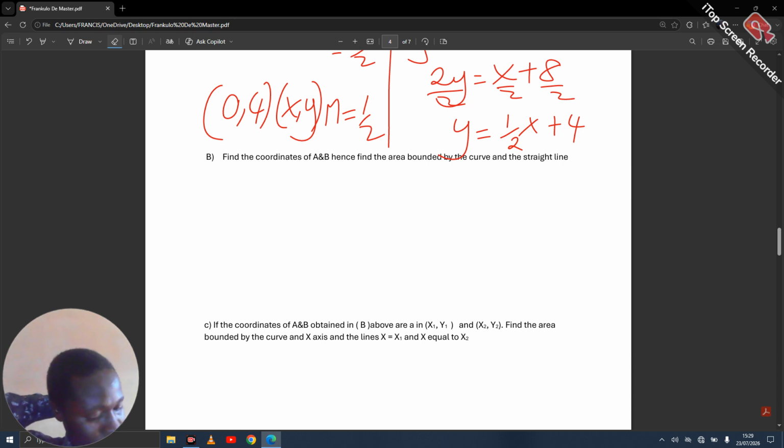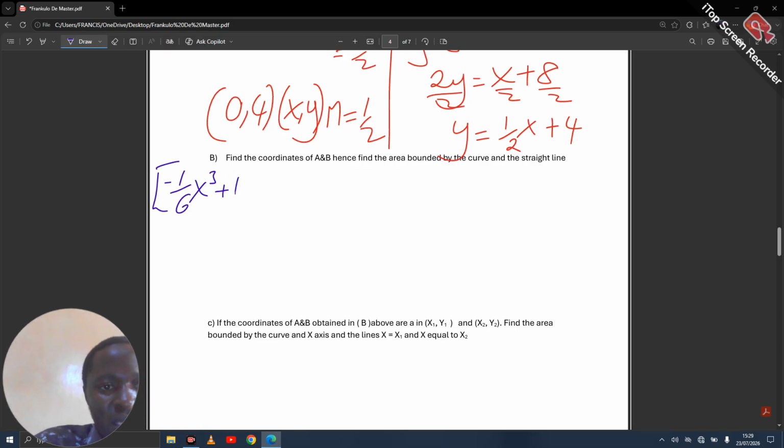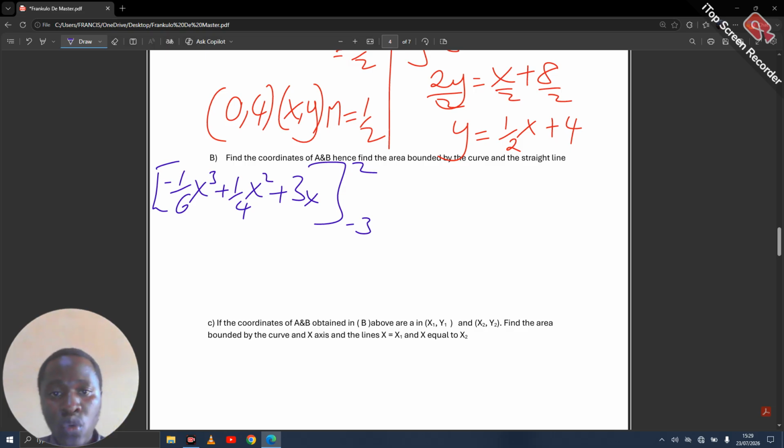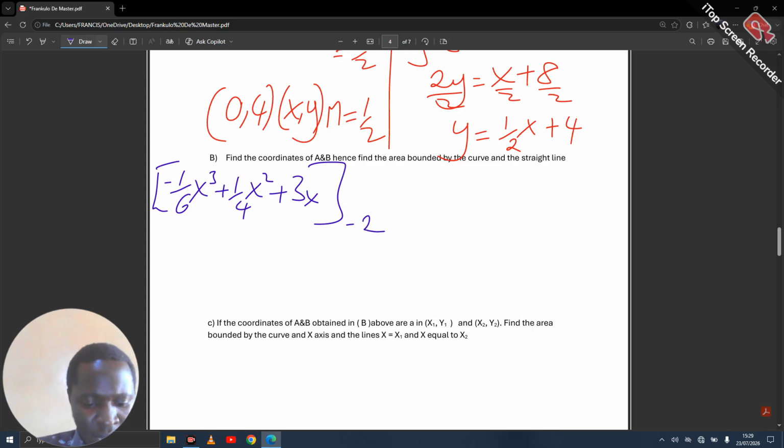So we reach this point, where we had negative 1 over 6 x cubed plus a quarter x squared plus 3x, ranging from negative 2 all the way to positive 3.